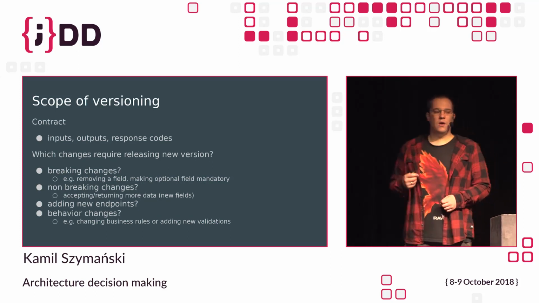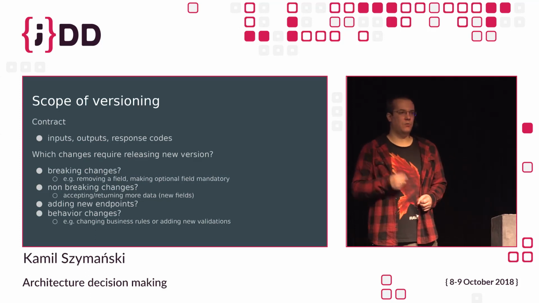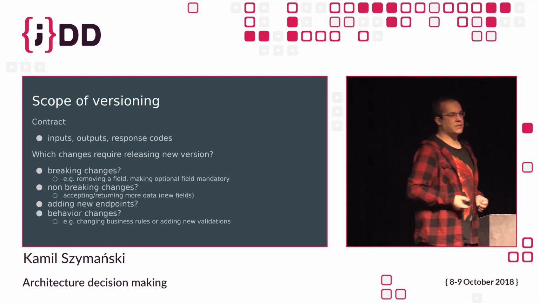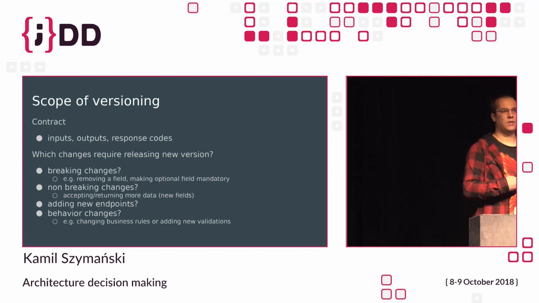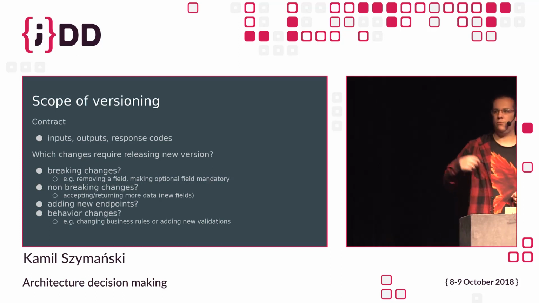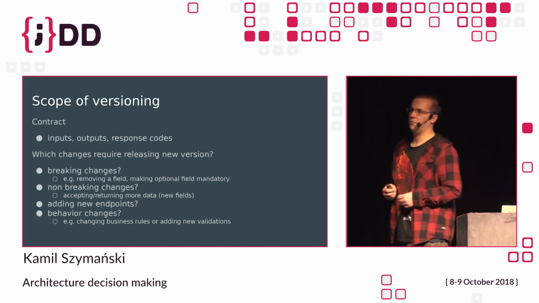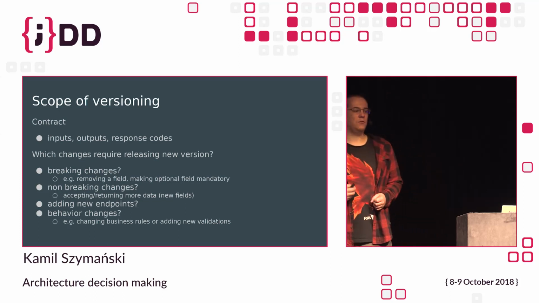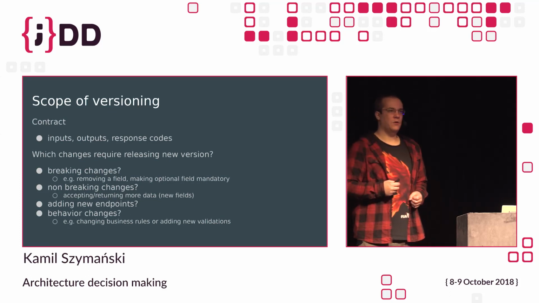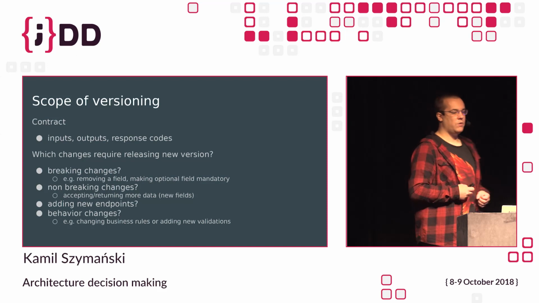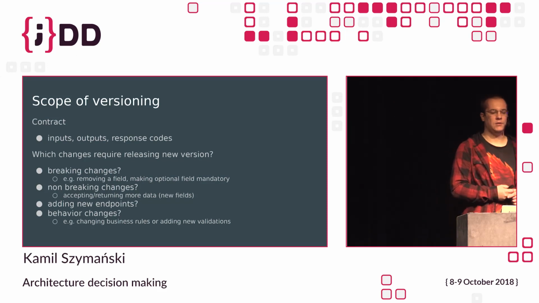But what if we are making changes that are non-breaking? What if we, for example, make a required field an optional field? Or if we add additional payload in the response? Do we then release a new API version? Do we release a new API version when we add new endpoints to our APIs?